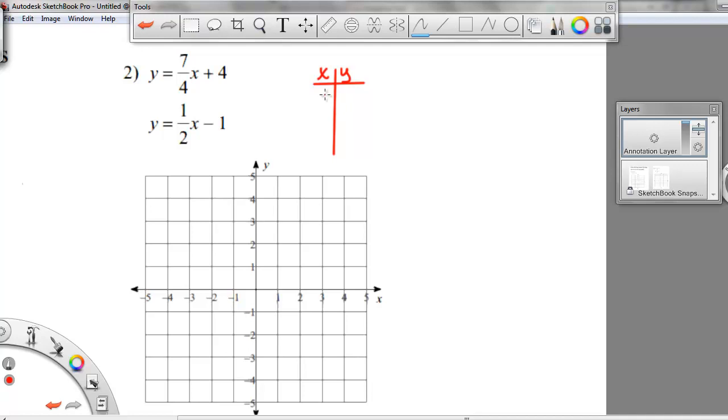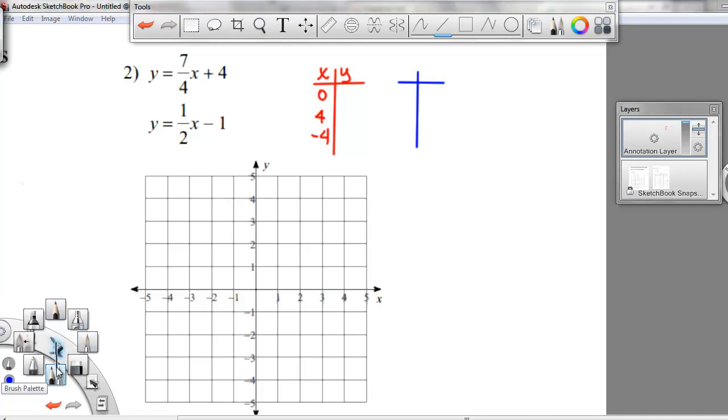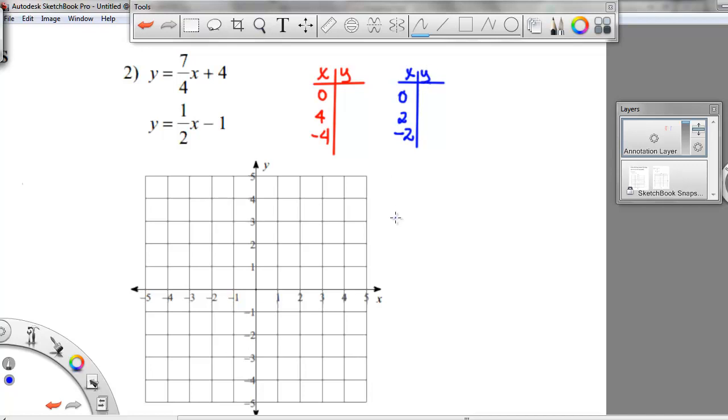I will choose 0 for my first x, 4 and a negative 4 for my second and third x, and on the second equation I will use 0, 2, and a negative 2, and there's my x and my y.